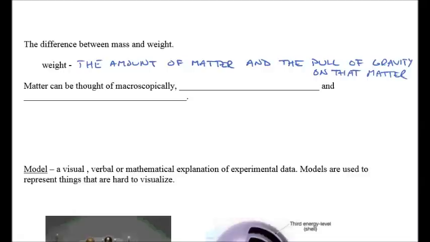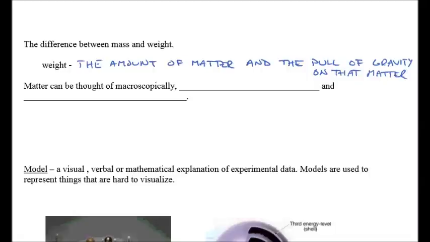So the moon is 1/6 the size of the Earth, so your weight is 1/6 your weight on the Earth. So if you weigh 180 pounds on the Earth, you would only weigh 30 pounds on the moon. Your mass doesn't change, but your weight will.